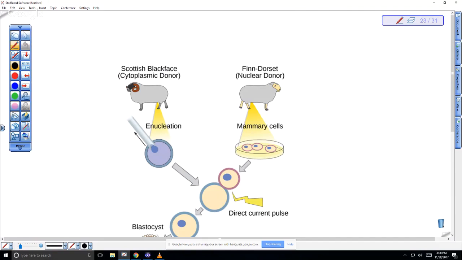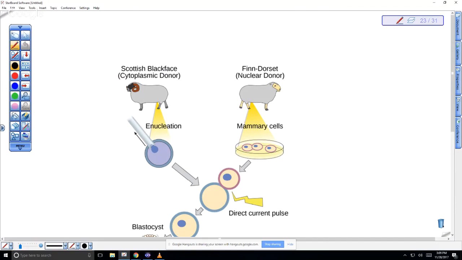So what they did is they took mammary gland cells. These are specialized, but they took the nucleus out of it and they put it into an egg cell. Okay? Notice that they used two different breeds of sheep. And the reason why they did that is they wanted to make sure that the resulting organism was truly a clone. So if it came out as a Finn Dorset sheep, then they know it's a clone.